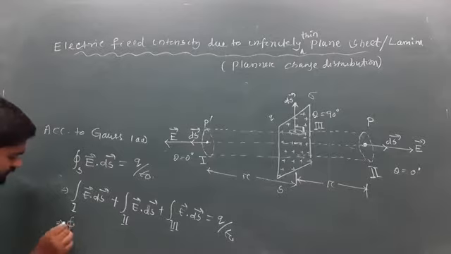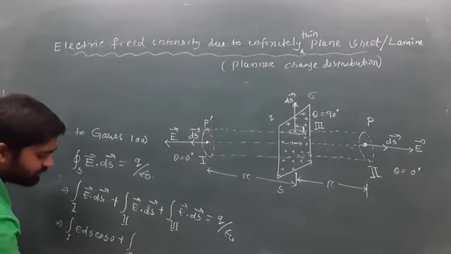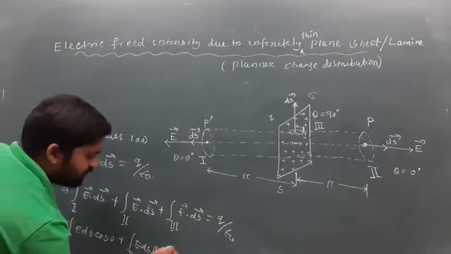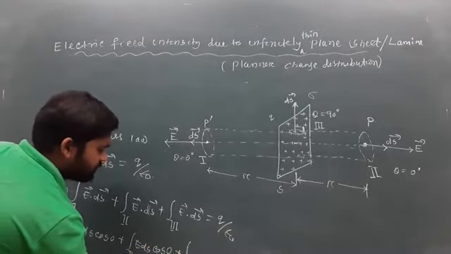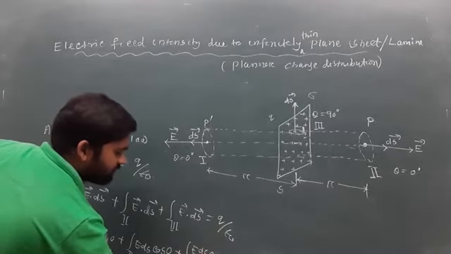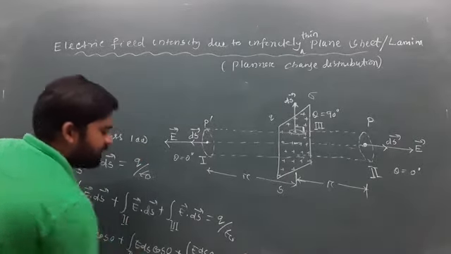So the closed integration, or simply integration over region 1 E ds cos 0 plus integration over region 2 E ds cos 0 plus integration over region 3 E ds cos 90, equals Q by epsilon 0.